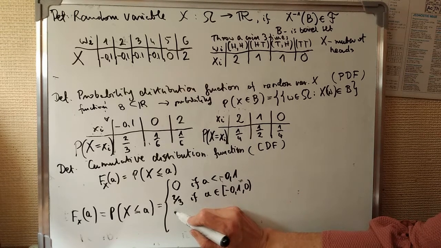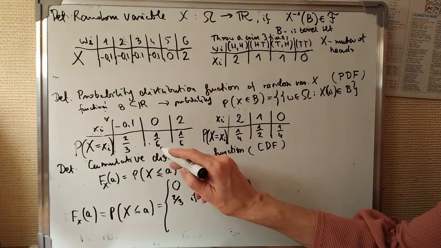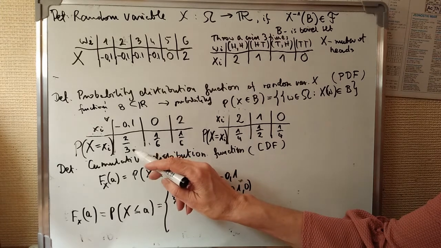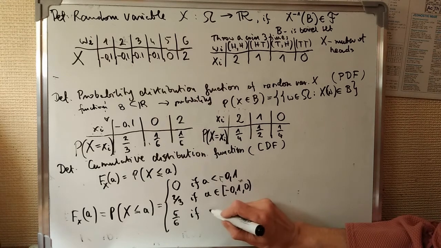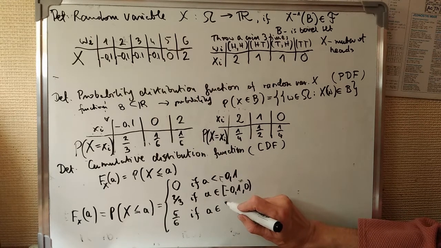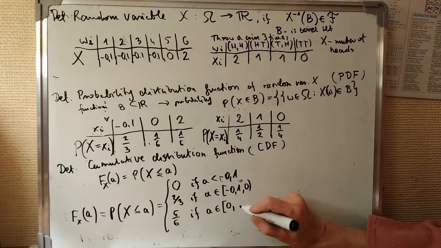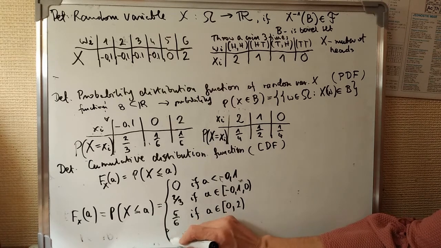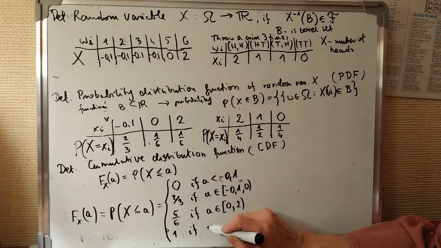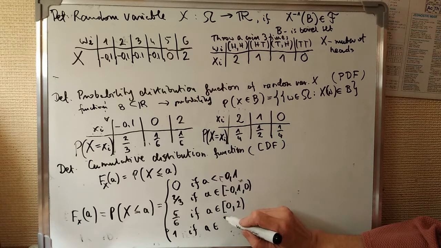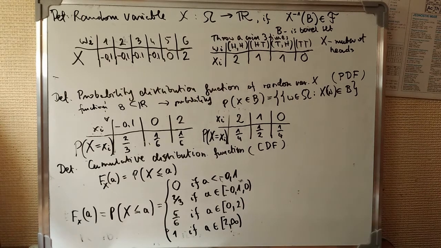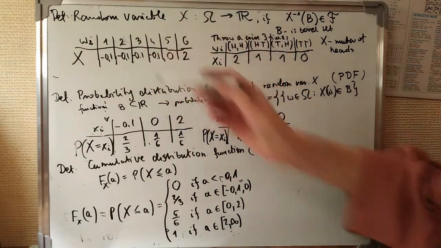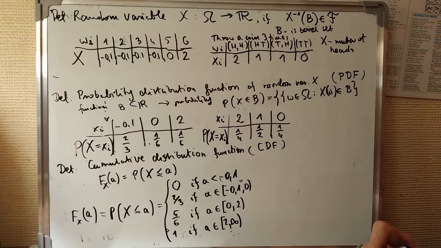Then it is 2/3 plus 1/6, which is 4/6 plus 1/6, so 5 over 6, if A belongs from 0 until 2, open again, and 1 if A belongs from 2 to infinity. Okay, so we just cumulate these values.